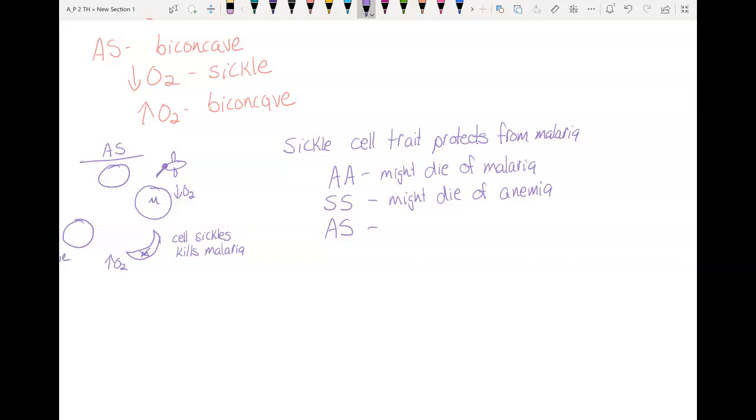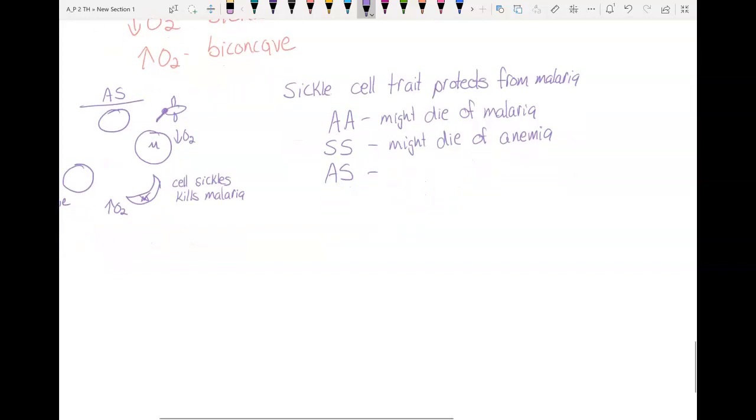But if you are AS, you get the best of both worlds. That's just enough to protect you from malaria, but not enough that you die of the anemia. So you survive both. And then these are the people who go on to reproduce and pass on their genes.